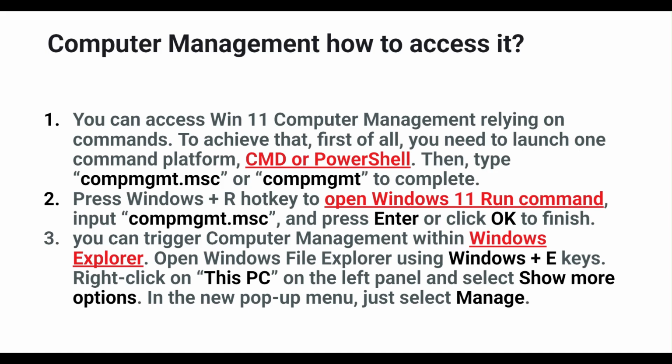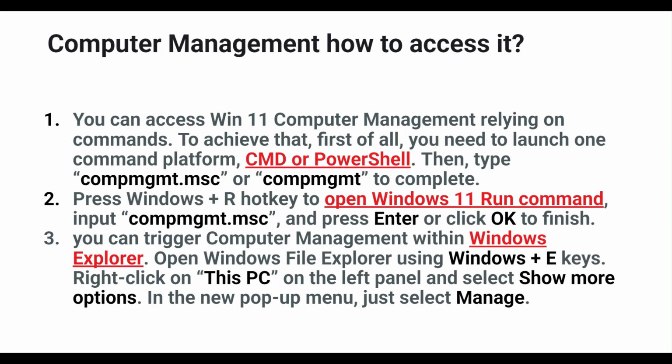Now, how to access it: we have different ways to access computer management. You can access Windows 11 computer management relying on commands. You can press the Windows plus R hotkey to open the Windows 11 Run command, and access it by typing comp mgmt.msc, and then when you click Enter you'll be opening it.